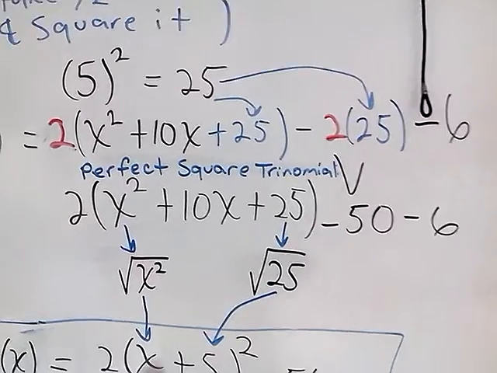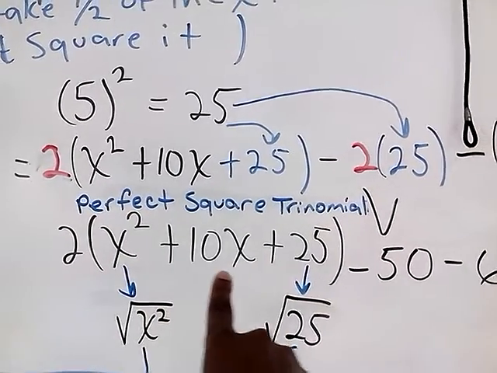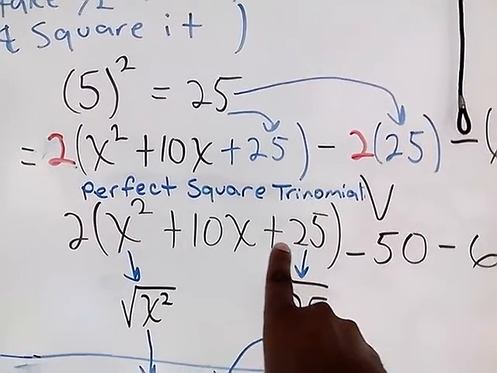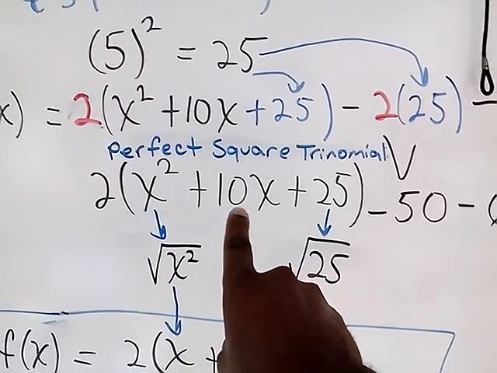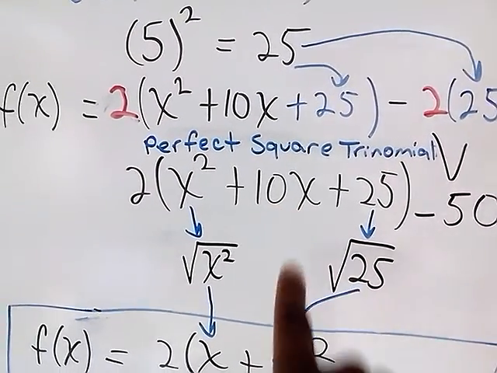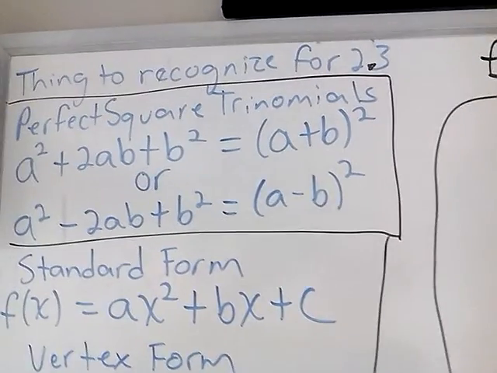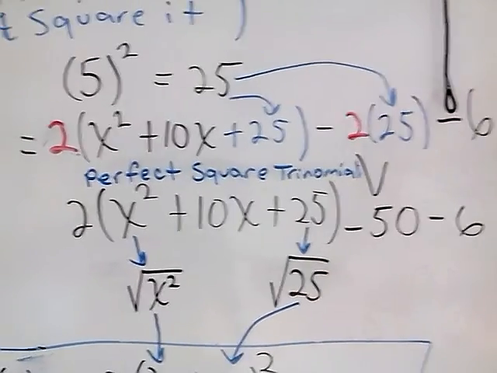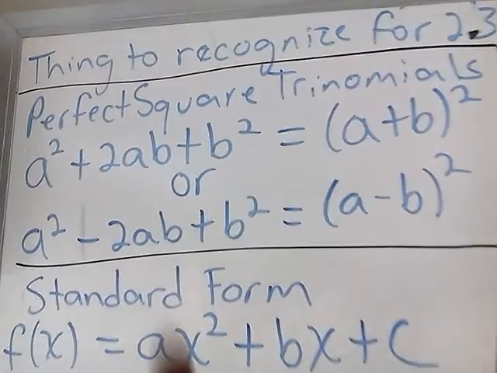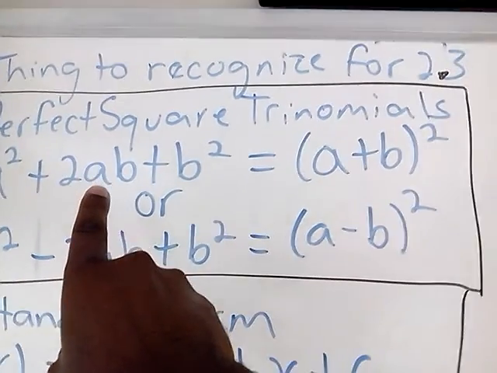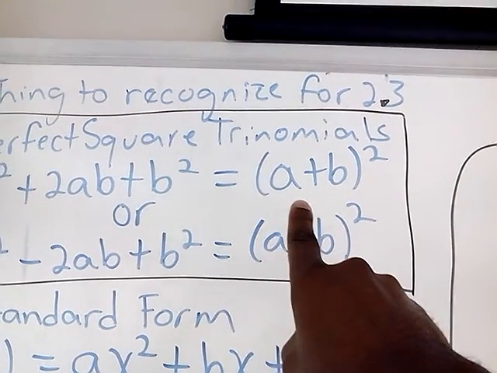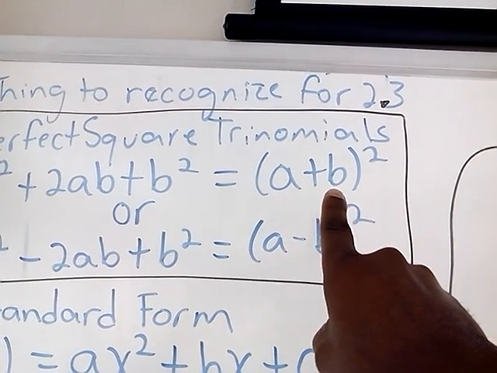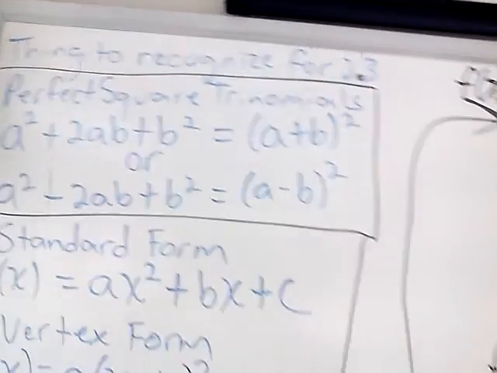Now we have a perfect square trinomial here, and we can write it in the form that we talked about earlier, depending on what it looks like. So we have x squared plus 10x plus 25, and that looks more like this first one here. So we can change this into a plus b, with that being squared.